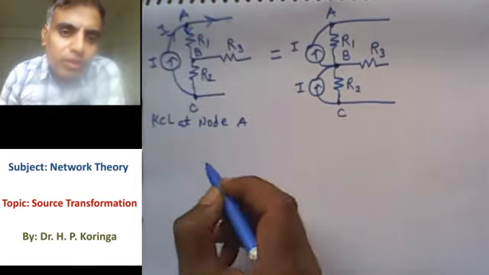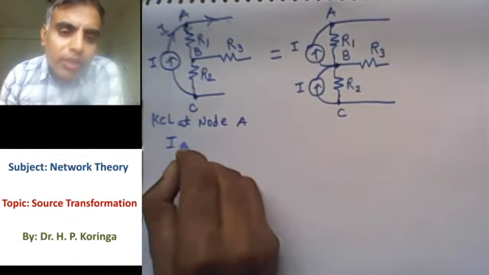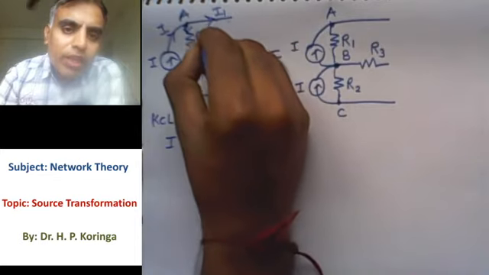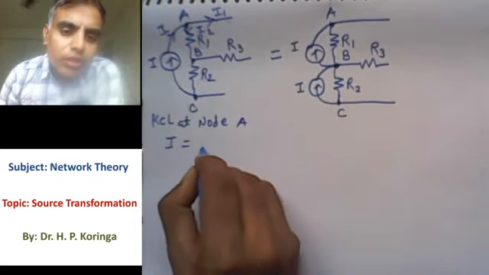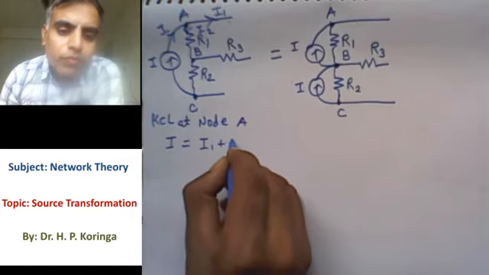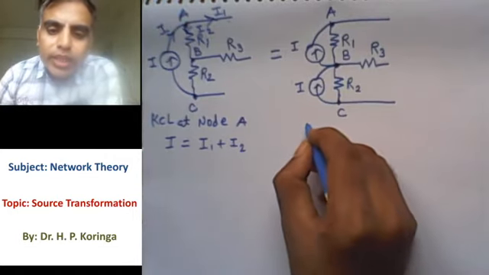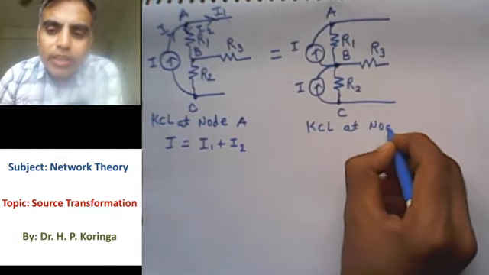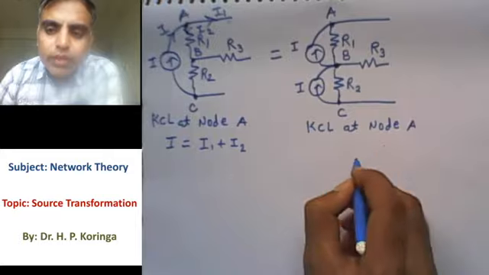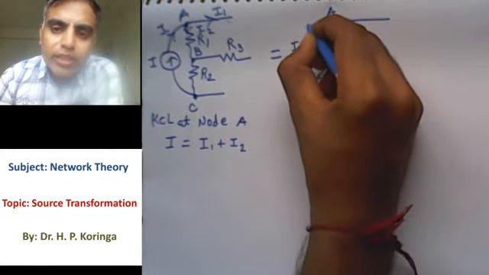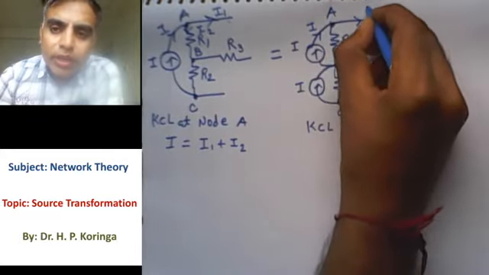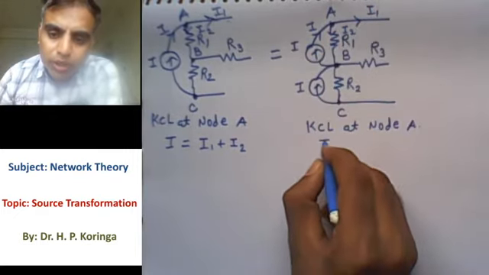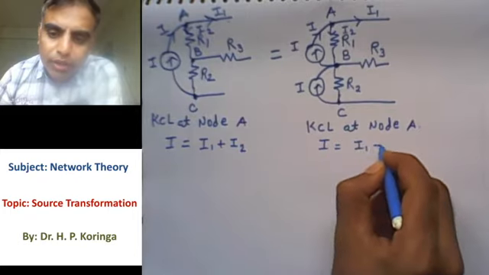We don't know what the currents are, right? So let's say this branch has I1 and this branch current is I2, so it is I1 plus I2. Similarly, let us apply KCL at node A in this network. Here also the current I is incoming and there are two currents, I1 and I2, outgoing. So I is equal to I1 plus I2.